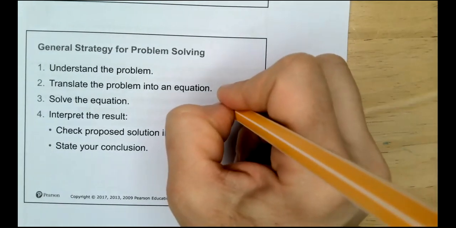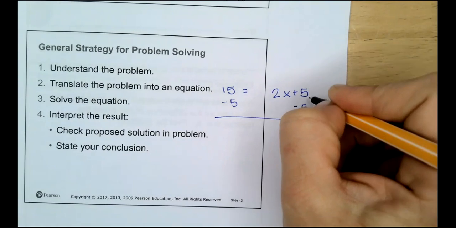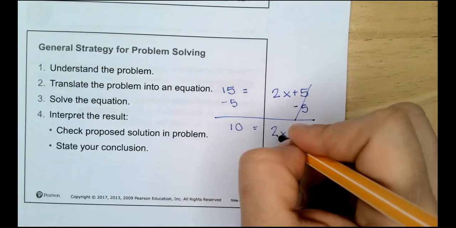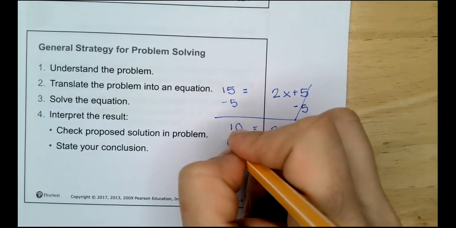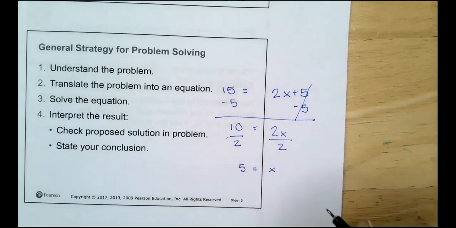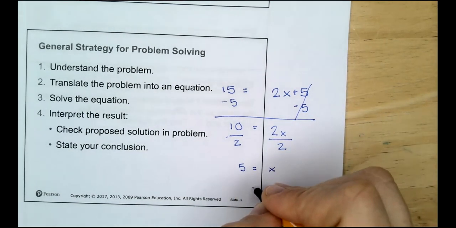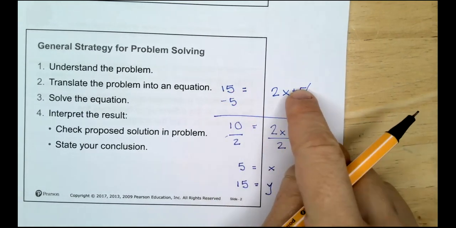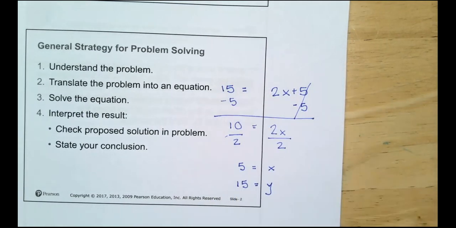Subtract 5, 2x equals 15 minus 5, which is just 10. Divide by 2. 10 divided by 2 is 5. So 5 is x when 15 is y, right? Or we found the value of x because of the information that we had.